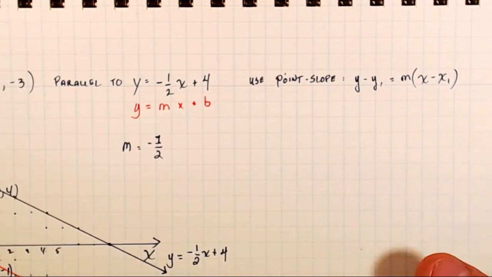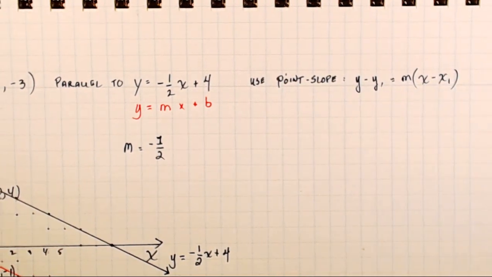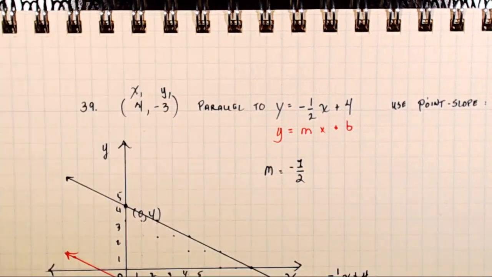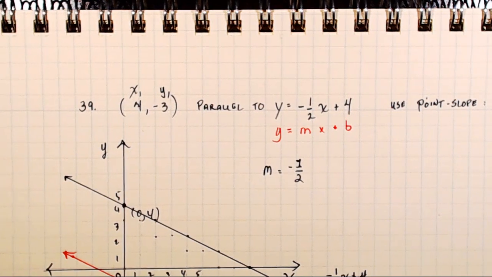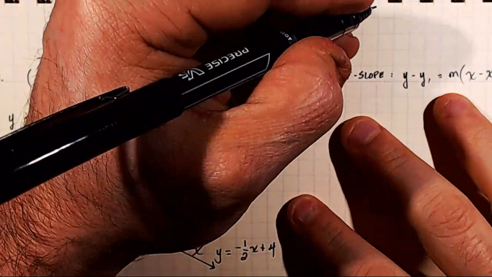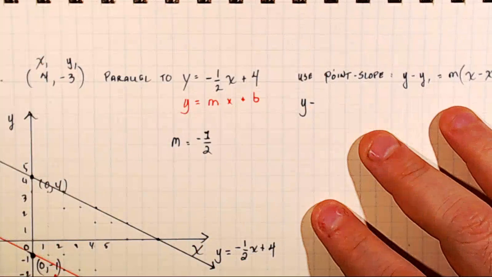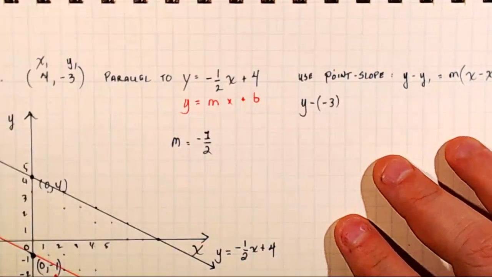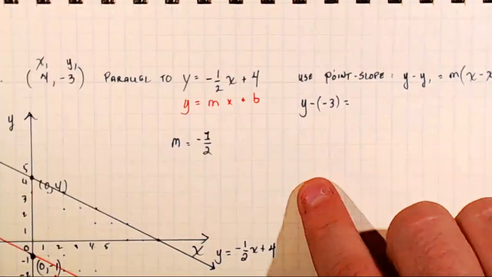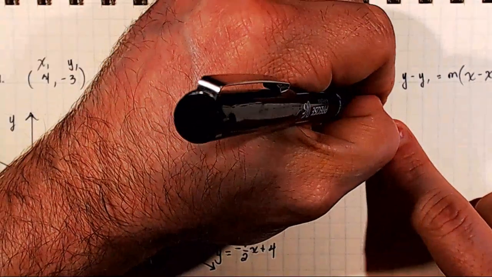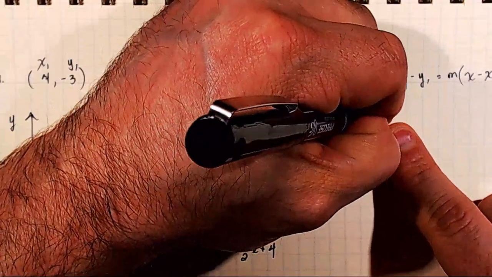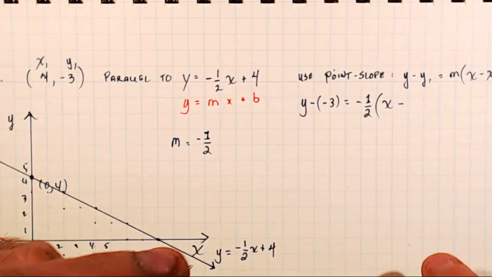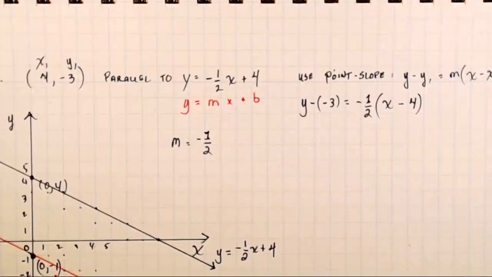Okay, so we actually know y1 and x1. Here they are, this is x1 and y1, 4 and -3. So we'll plug those into our point slope. We got y minus y1 of -3, so little open paren -3, don't mess that up, equals m, which we know is -1/2, open paren, x minus x1 of 4, close parentheses.